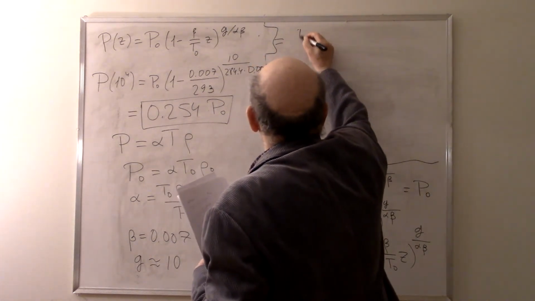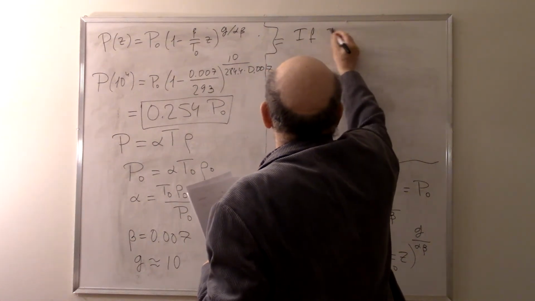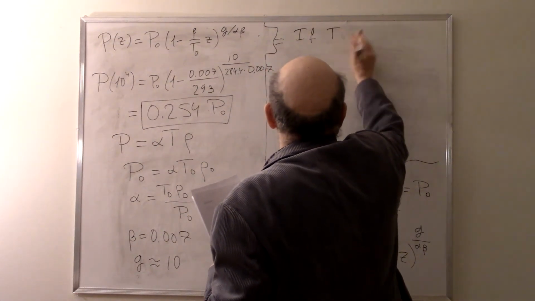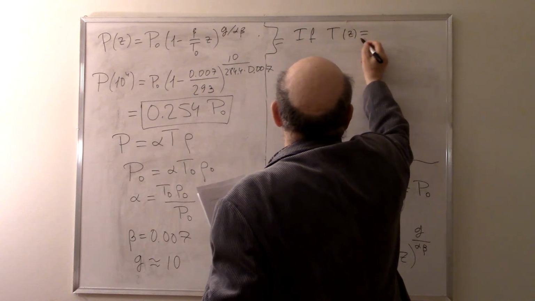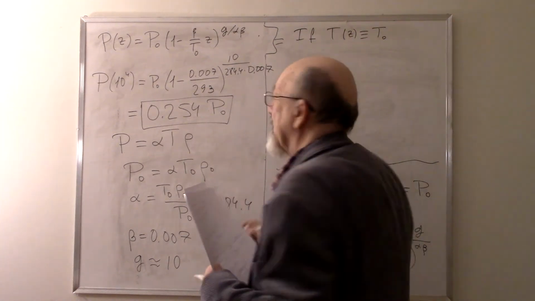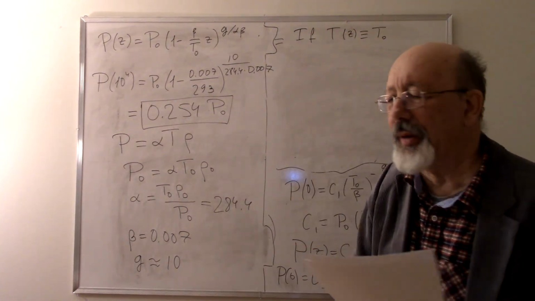So the problem, if T of Z is constant, like T0.